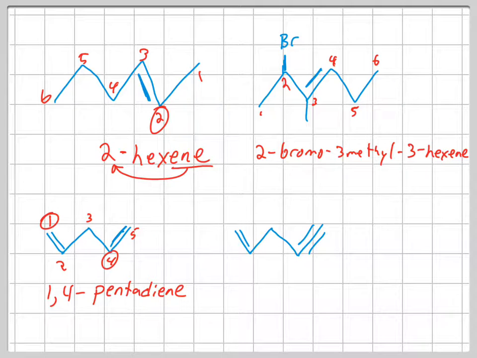Well, this is no longer symmetrical, so we'd have to number it as either 1, 2, 3, 4, 5, or the opposite direction, 1, 2, 3, 4, 5. We're going to number this one from right to left, because right to left, our triple bond has a lower number, and the triple bond takes precedence over the double bond.